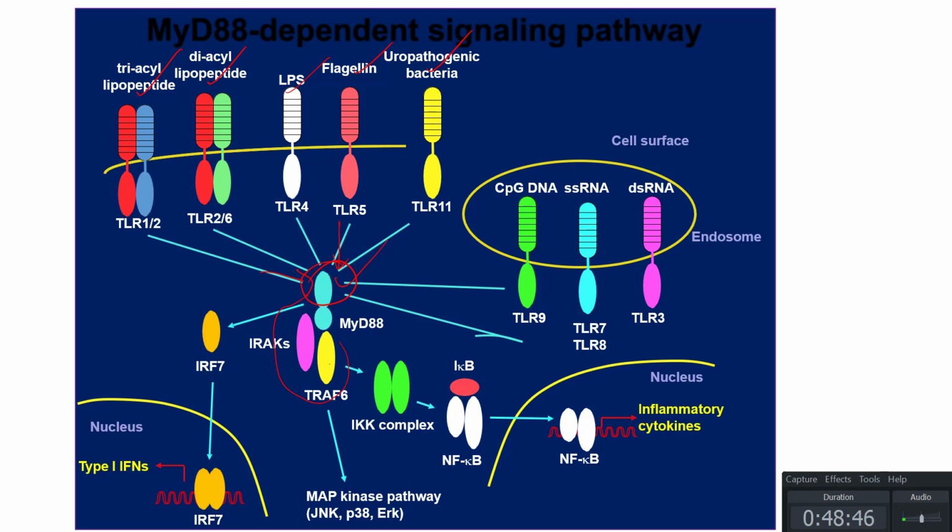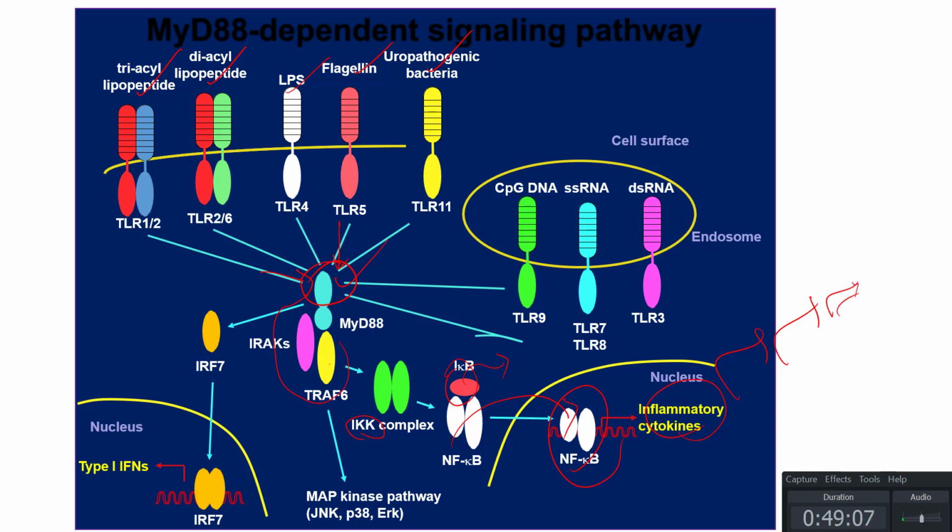Then it will activate the kinase, that is the IKK complex. Whenever NF kappa B is bound to IKB, this IKB gets phosphorylated, then it will be removed from the NF kappa B. Then NF kappa B gets into the nucleus, then it binds to certain genes. Then inflammatory cytokines will be upregulated.